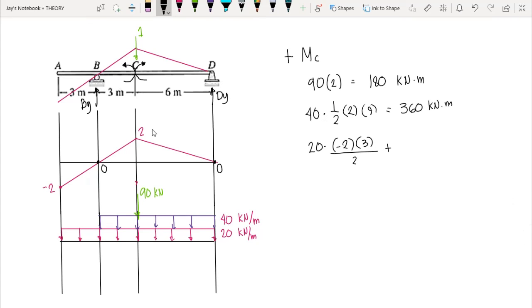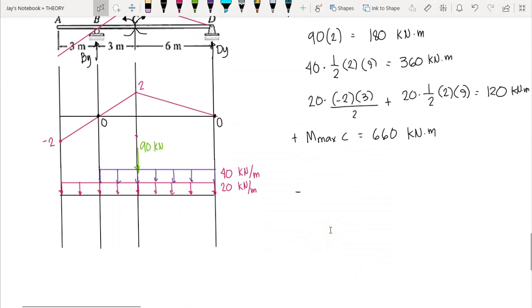Then we have a plus 20 times the area of the largest area. We have 1/2 times 2 times 9. This would give us 120 kilonewton meter. So to sum it up, that would give us the positive maximum moment at C, which is 180 plus 360 plus 120. This would give us 660 kilonewton meter.